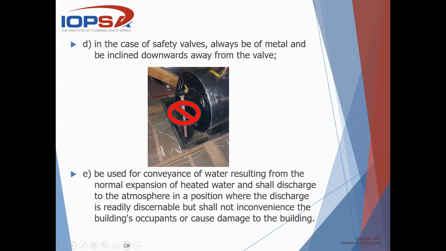Looking at the photo above, that is not discharging to the atmosphere in a position where it can be readily discernible. In that case, you'd have to get into the roof to have a look, and that doesn't conform to E, as I've just read.